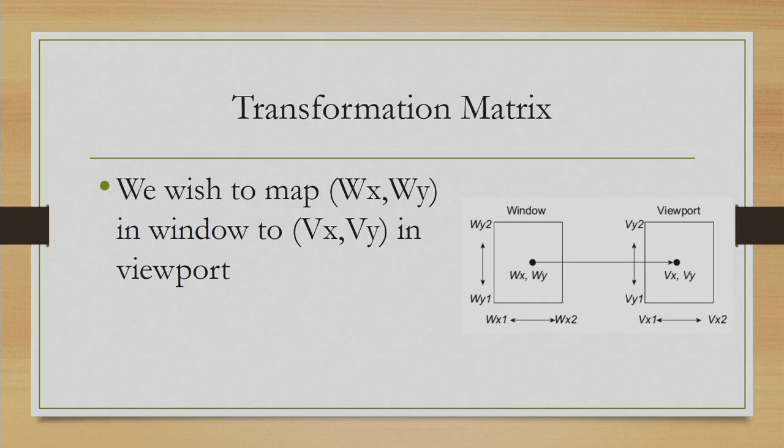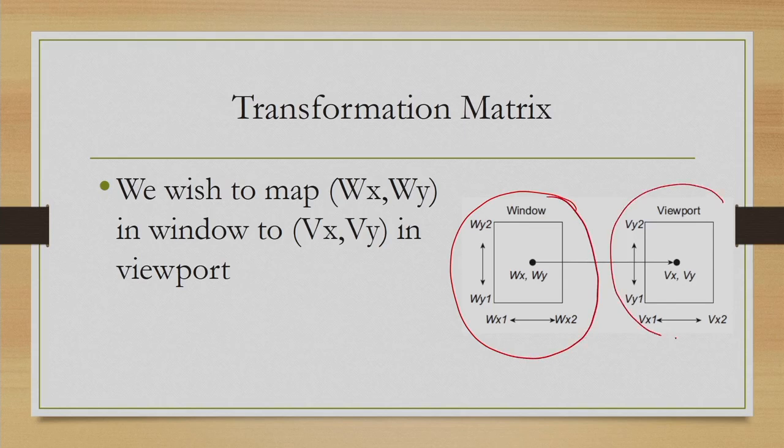So, what we want, suppose this is our window and this is our viewport. Note that here we are not using this normalized range, we are formulating the problem in a very generic sense where this Wx and Wy can take any value.